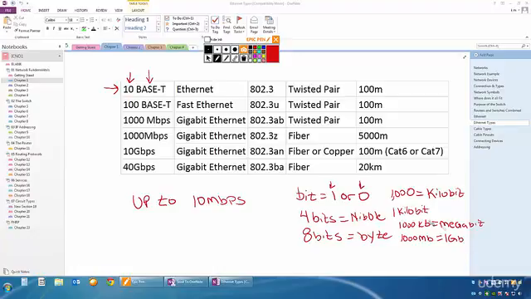Now, if this was a big B, a capital B, it would be bytes. So if I was over here and I said, okay, I'm going to take 1,000 bytes, that's going to equal 1 megabyte.